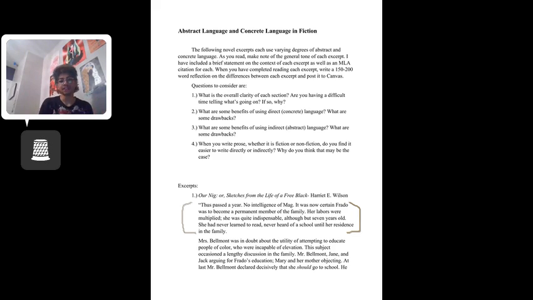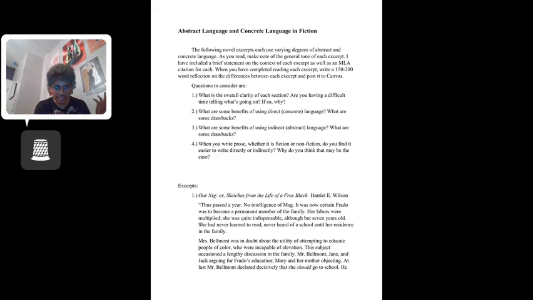When you're reading this excerpt, you can see this is using very, very concrete language. The author, Harriet Wilson, is describing in detail these are the events that are happening in this character's life. Now, there's obviously a lot going on between the lines, but in terms of the events that are happening on the page, they are very direct.